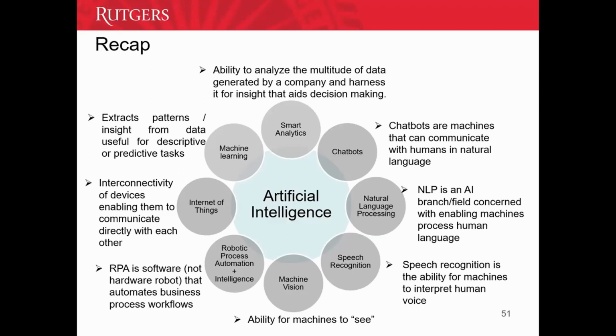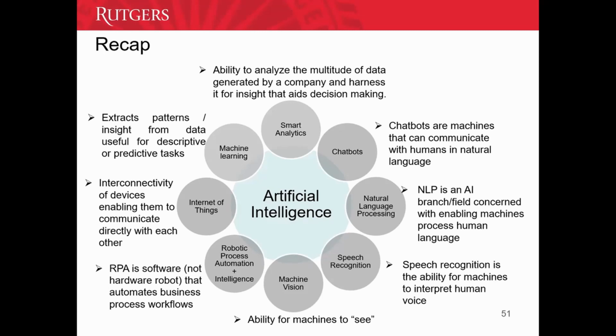And then Internet of Things is the ability for devices to communicate with each other without human intervention. And here I give the example of a warehouse and the robots navigating the warehouse and the ability of these robots to communicate directly with the financial system. And then I also talked about machine learning, which is really one of those core capabilities of artificial intelligence.